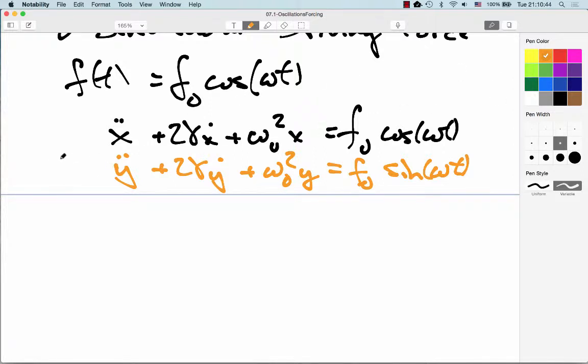Now the next part of the trick is we're going to take that line and multiply it by i because I feel like it. And then we're going to add the two of these lines together.